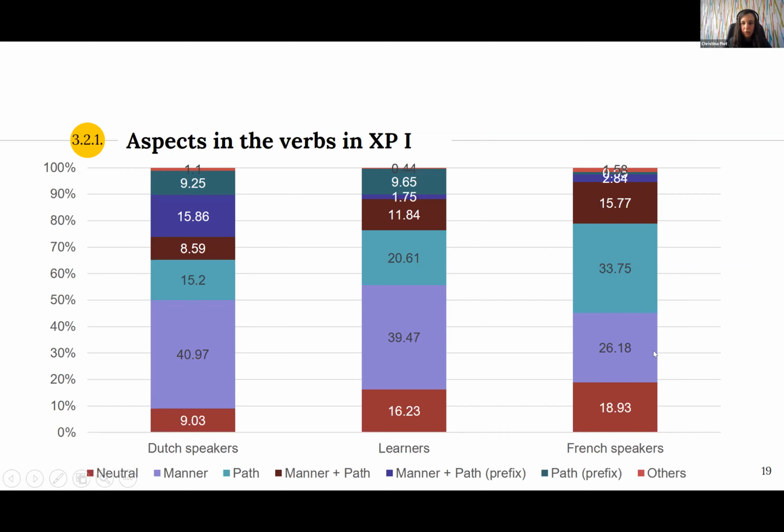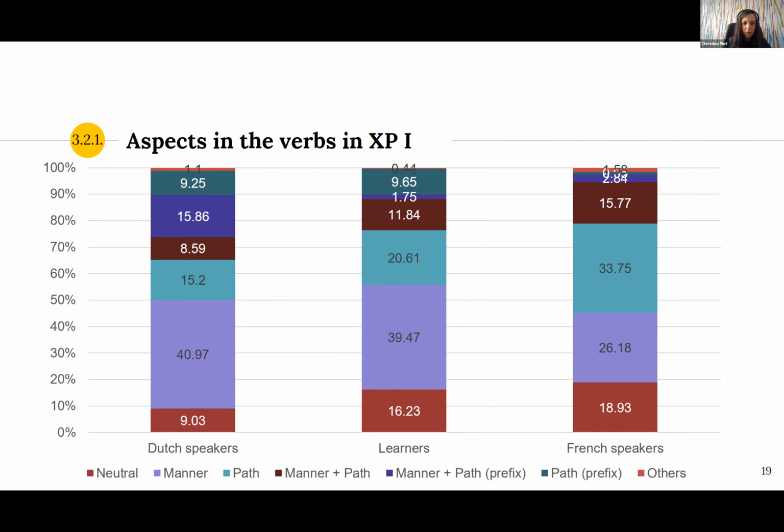And then we can see that learners are in between. That is to say that they still use path verbs, but less frequently than in French, and they use manner verbs more frequently than in French and less frequently than in Dutch, but it's really close actually.